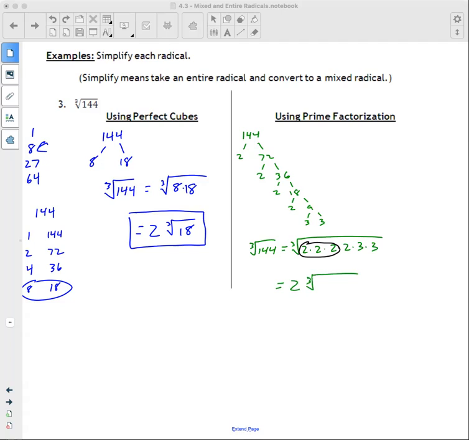And now whatever's left inside the radical, we have 2, 3, and 3 left in there. Because I don't have any groups of 3, we're just going to multiply those together. So 3 times 3 is 9, times 2 is 18. And voila, we get the same answer, which is great.